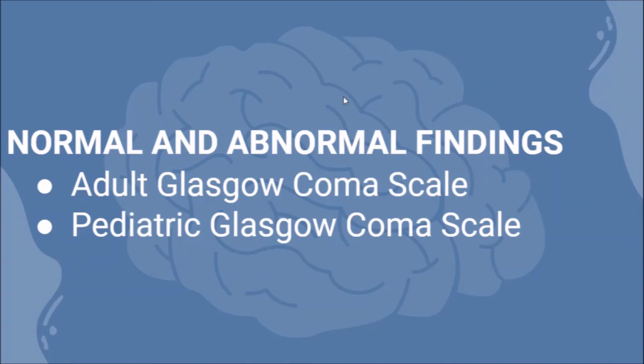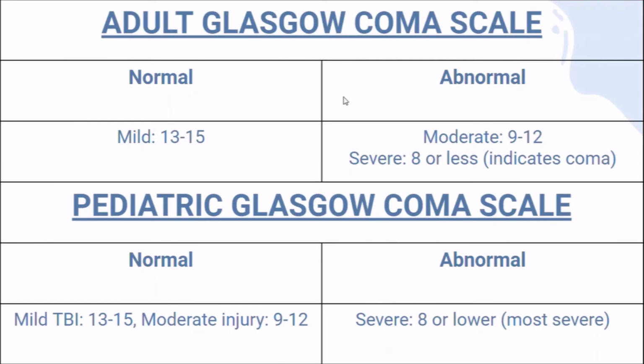The test is simple, reliable, and correlates well with outcome following severe brain injury. The normal score of the adult Glasgow Coma Scale is 13 to 15, which is mild, while the abnormal score of the adult is 9 to 12, which is moderate, and 8 or less indicates coma and severe.